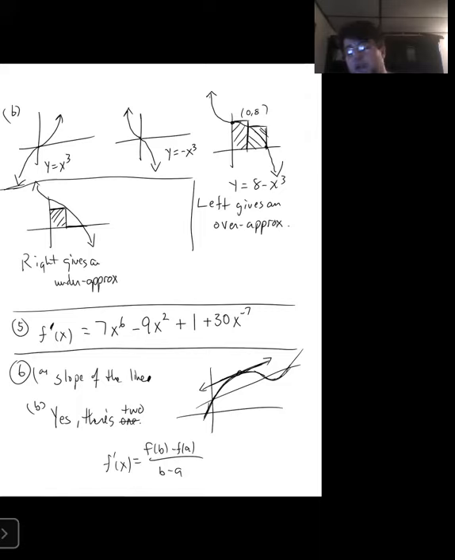So is there a tangent line that's parallel to the line? Yes, right there. There's one. So there's a value x. In this curve, there happens to be another down here. Right here is one. Right here is another.